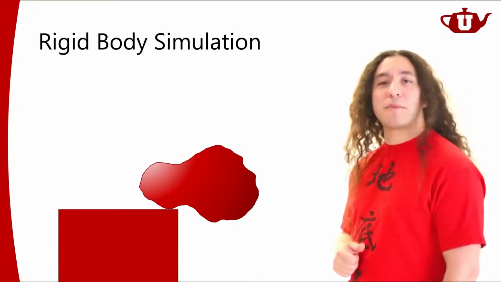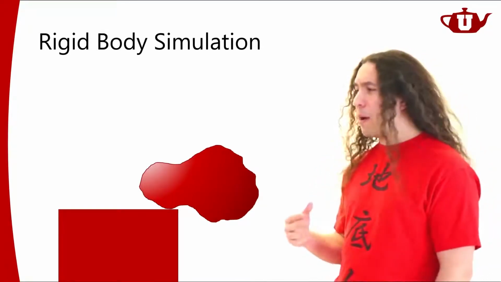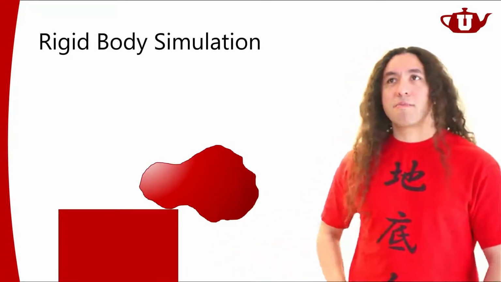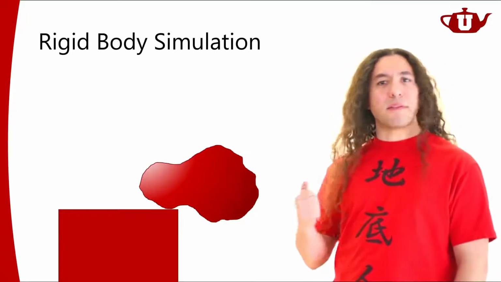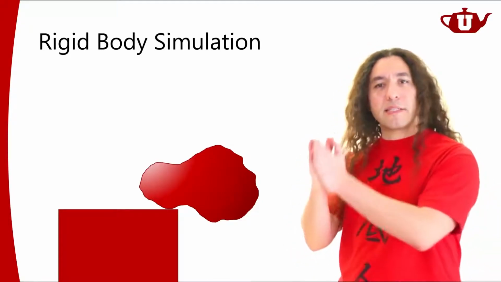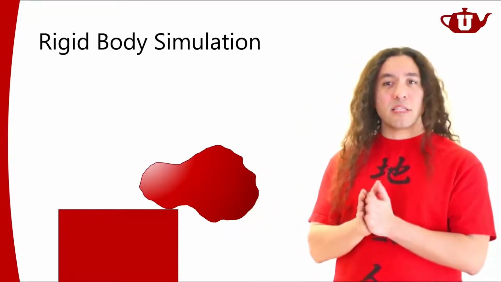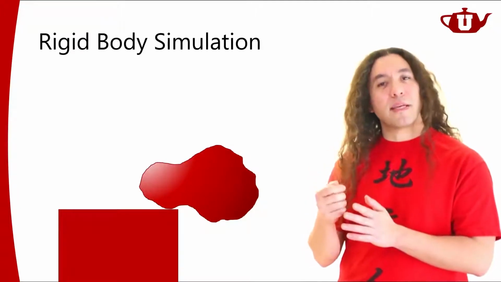Actually, in rigid body simulation, it's more common to use what we call impulse-based collisions. Impulse-based collisions basically skip the force term. When you have a force term, force defines an acceleration, and acceleration defines the change in velocity. So impulse-based collisions instead define an impulse instead of a force.